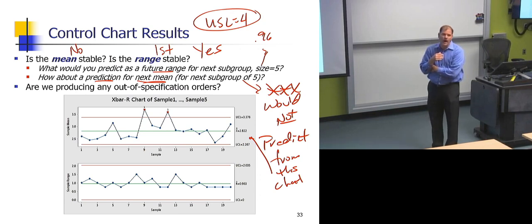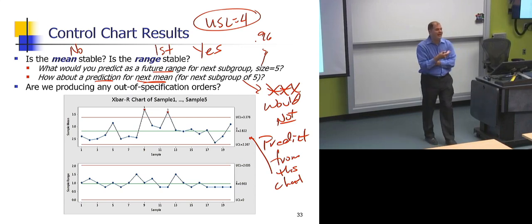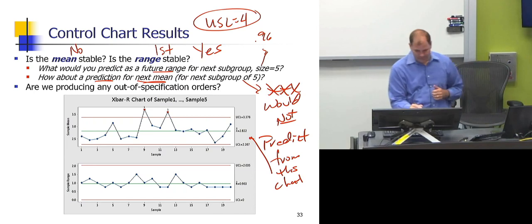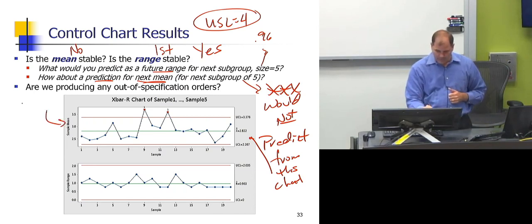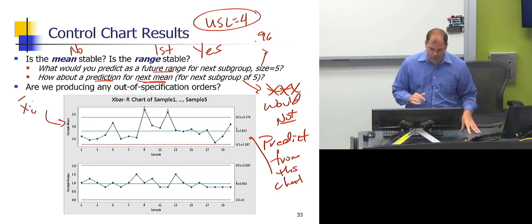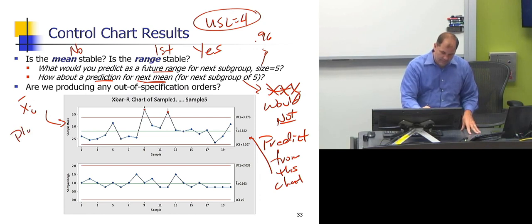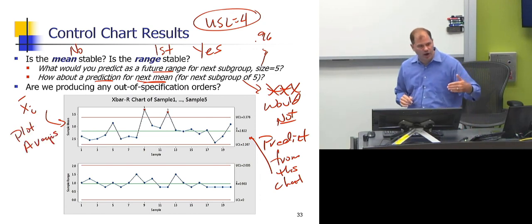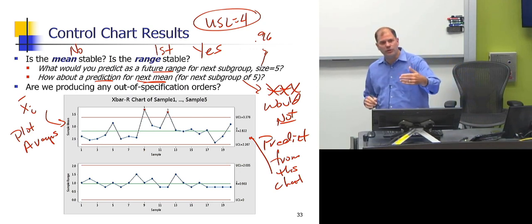What are you plotting on the y-axis? You're plotting averages. You can't look at an X bar chart and make a conclusion about an individual value because you're not looking at individual values. You're plotting X bars.